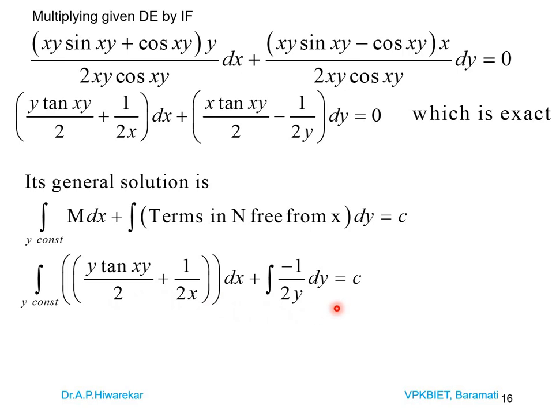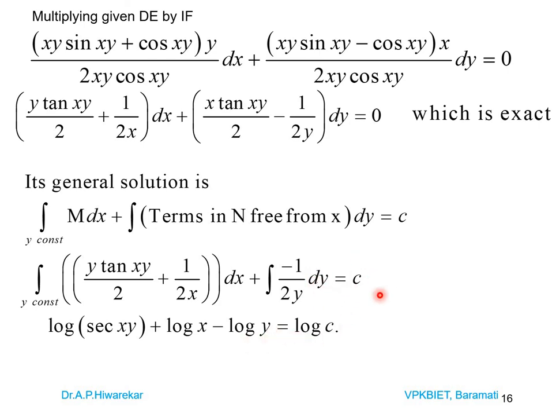And the integration of y tan xy with respect to x, assuming y constant, is log of sec xy, plus 1/x dx, whose integration is log x, minus 1/y dy, whose integration is log y.